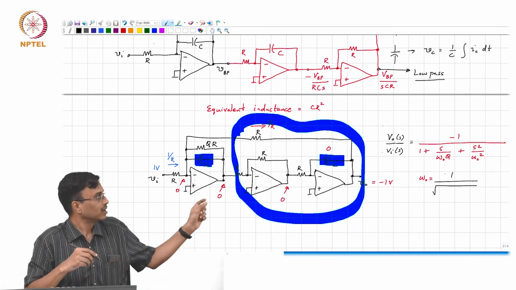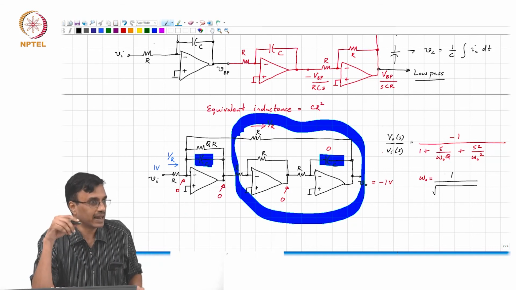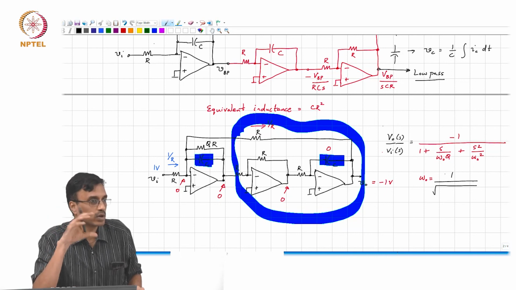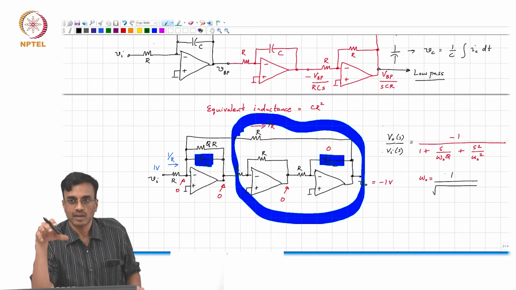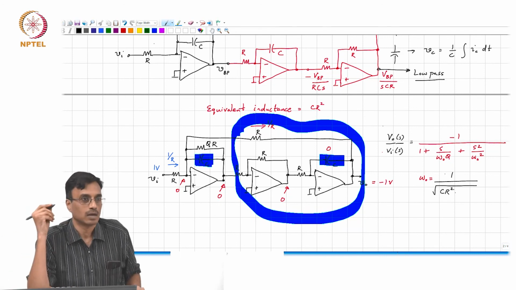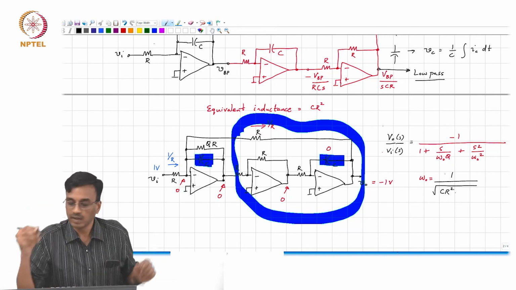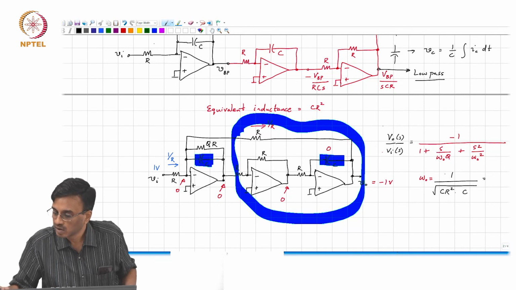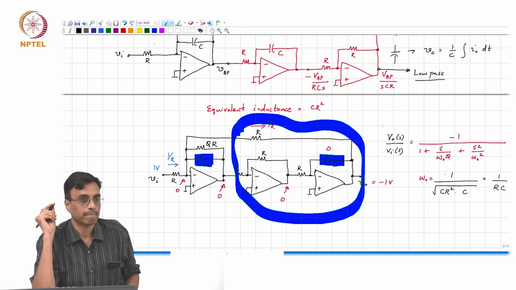So omega naught is the resonant frequency of that LCR network that we had earlier, and therefore that's 1 over square root of inductance times capacitance. The inductance is CR square, the capacitance is C, so this is simply nothing but 1 over RC.